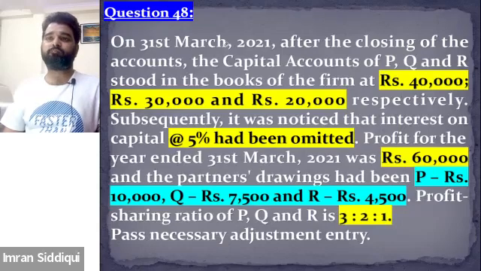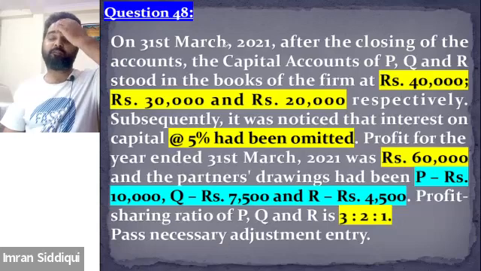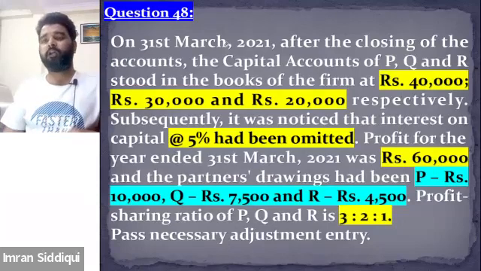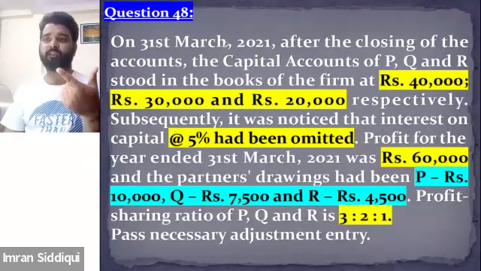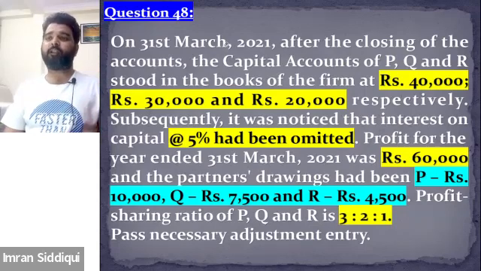In order to find out the opening capital balance of the partner, we have a simple formula. We take the closing balance of the partner, then we add the amount of drawings and subtract the amount of profit. So closing balance plus drawings less profit gives the opening balance. Is this clear, all of you?